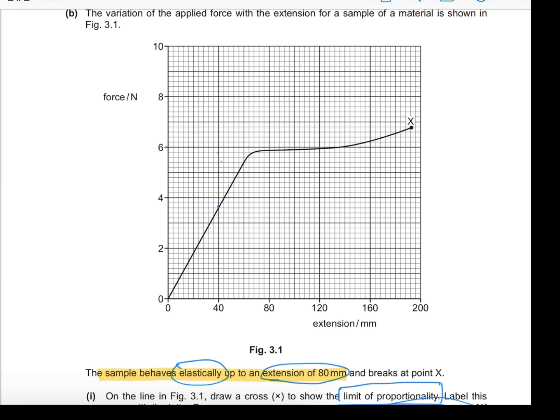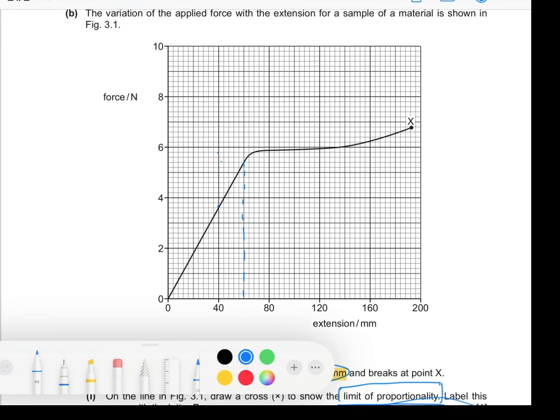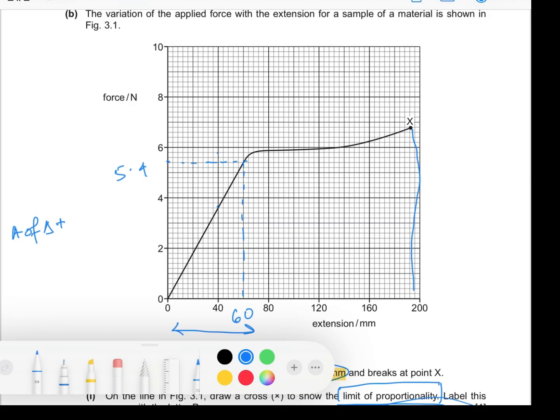Now up until the point where the graph is a straight line, which is this over here, 60 and what was this, 4.6, or is it, yeah, it's 5.4, right? Up until this point, the graph has a shape of a triangle, so we can just find the area of the triangle, and to that we'll need to add the area of the remaining region.